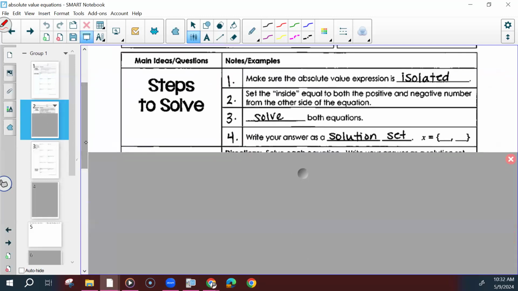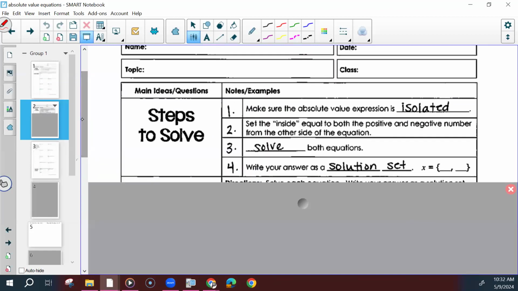Go ahead and write in these steps. So to solve an absolute value equation, we need to first make sure the absolute value expression is isolated. It's by itself. We're going to set whatever's inside equal to both a positive and negative version of whatever it already equals. So I'll explain what that means in a moment. Solve both, and then write our final answer in a solution set.